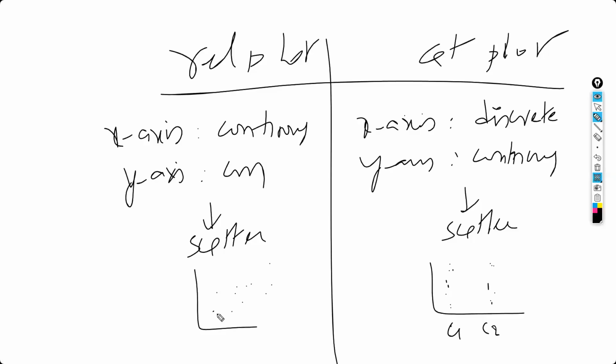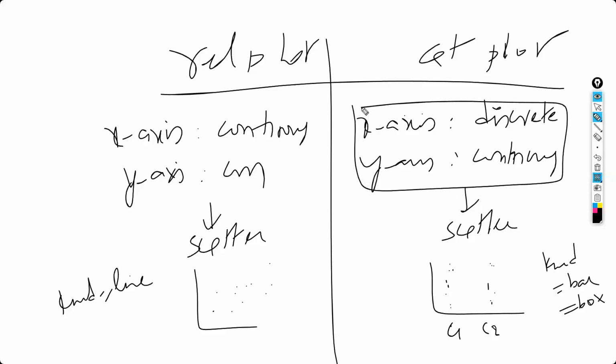Now you are going to combine them by using the line plot, and in the other case by using the bar plots. Here you can use kind equal to line. Here you have to use kind equal to either bar or box, your choice. Generally, for one continuous and one discrete, or one continuous with two discrete also, bar plot only.